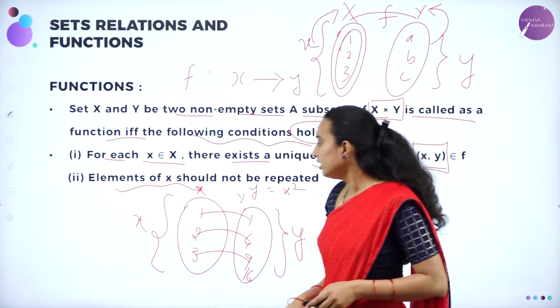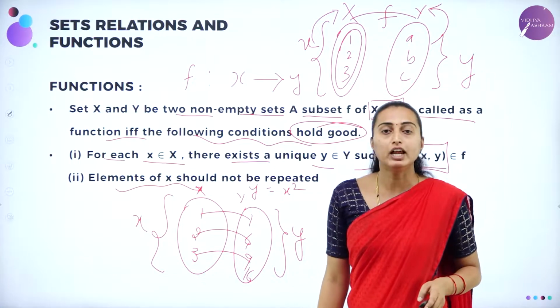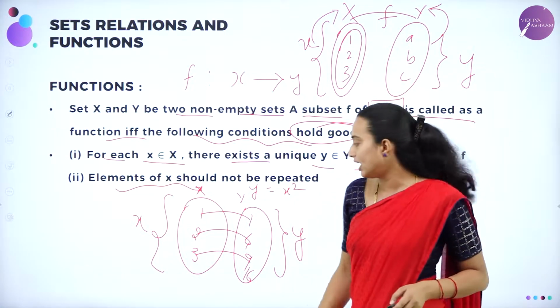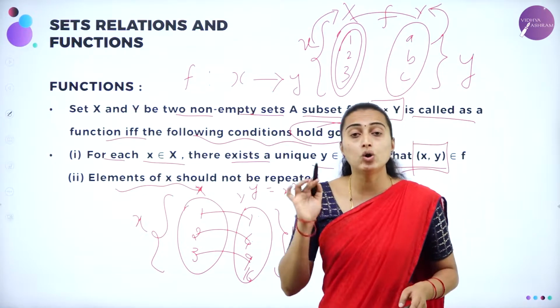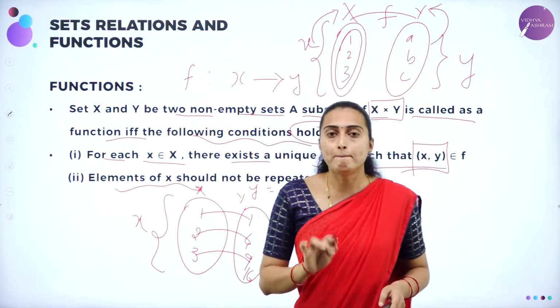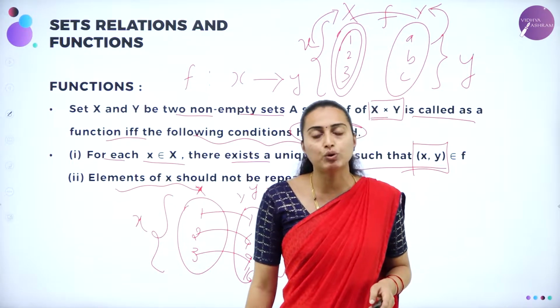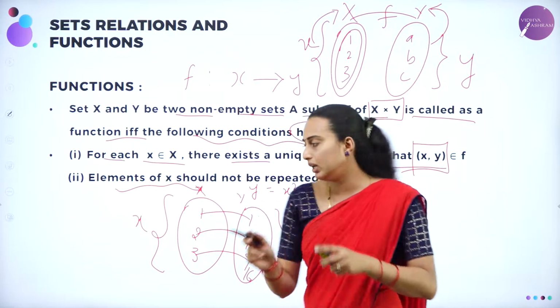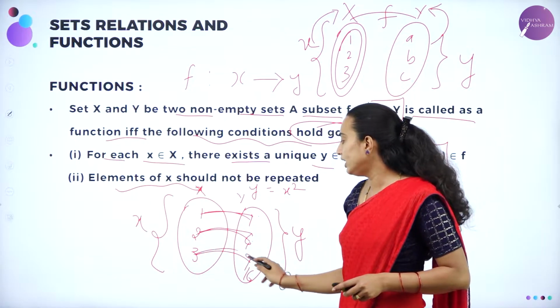For example, here I have taken 1, 2, 3 as the domain set elements, and 1, 4, 9, 16 as the codomain set elements, but 1, 4, 9 are known as the range. What do you mean by range? The connected elements. Here I am getting connected only 1 to 1, 2 to 4, 3 to 9.